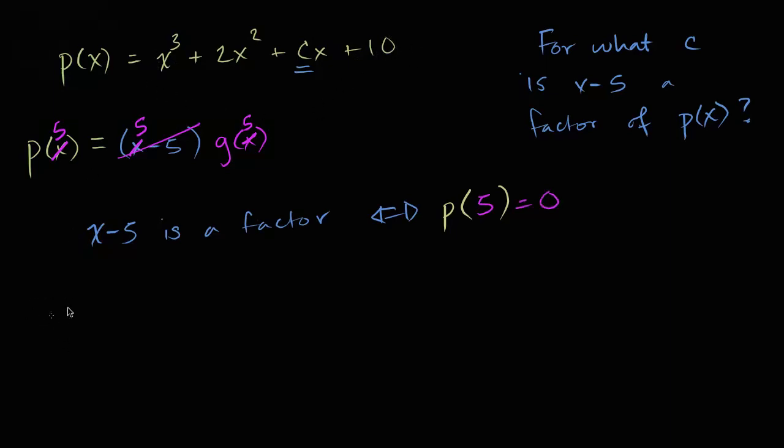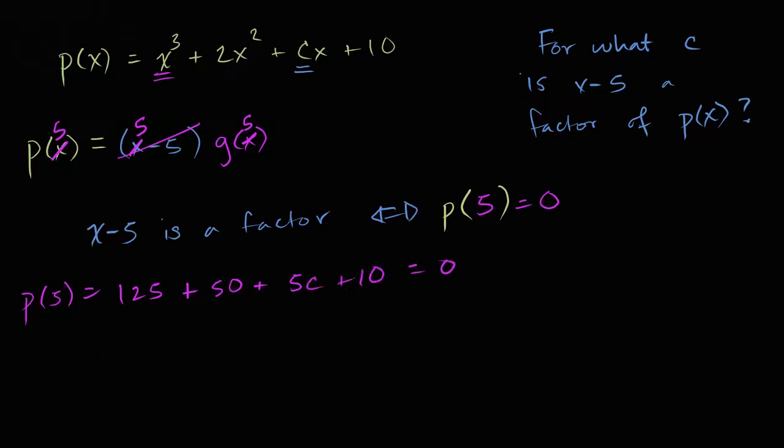All right. So we're going to get 5 to the third power. So p of 5, let me just write it down. P of 5 is equal to 5 to the third, which is 125, plus 2 times 5 squared, so 2 times 25, which is 50, plus c times 5, which is 5c, plus 10. That needs to be equal to 0.